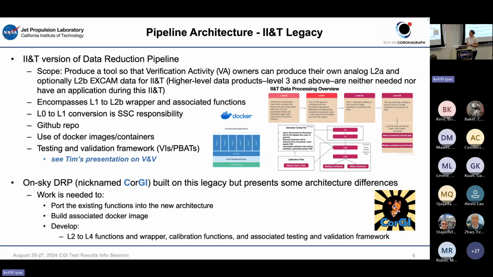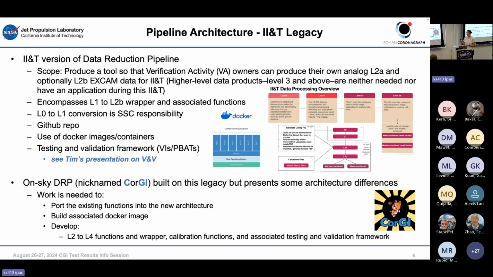We had the testing and validation framework in place. It's going to be also the same for the on-sky DRP, but I will not touch too much into that because Tim briefly presented that framework in his presentation on the DIB.